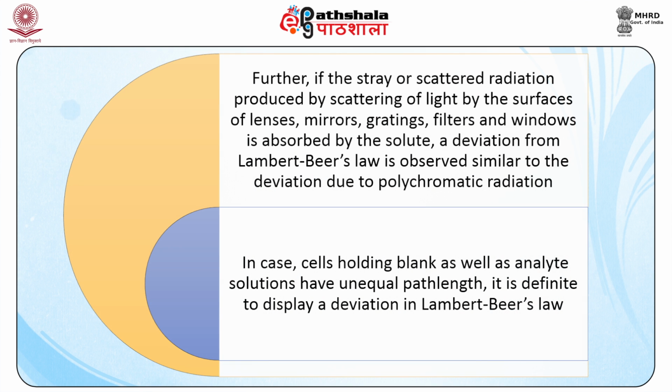Further, if the stray or scattered radiation produced by scattering of light by the surfaces of lenses, mirrors, gratings, filters, and windows is absorbed by the solute, a deviation from Lambert-Beer's law is observed, similar to the deviation due to polychromatic radiation.